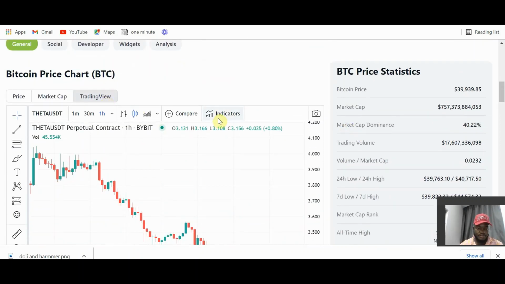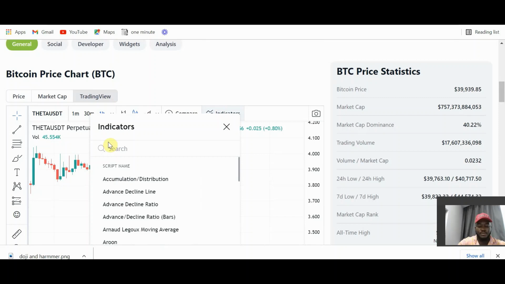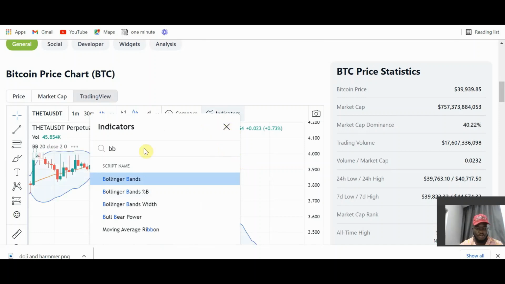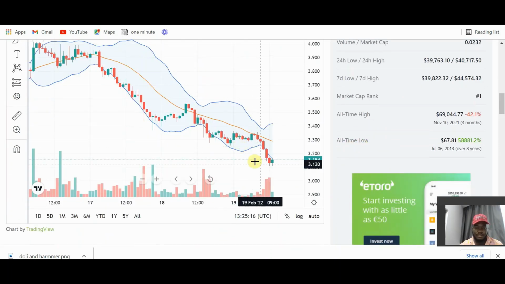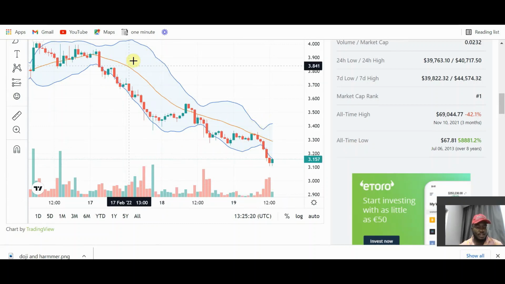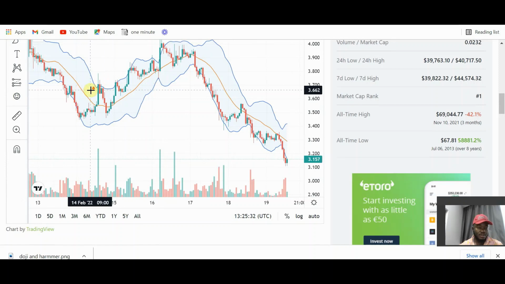Okay, not many YouTubers or influencers will do this, but for the love and support, I'm going to do it for you guys. So this is Bollinger Band. The middle band is a simple moving average, and the upper band shows as a dynamic resistance. The lower band is a dynamic support.